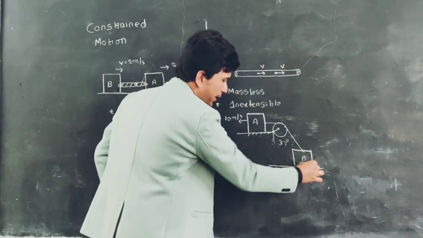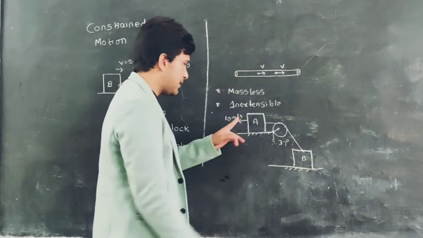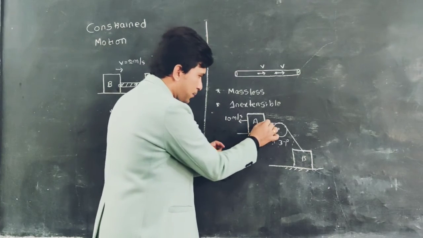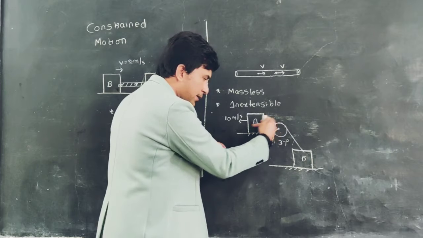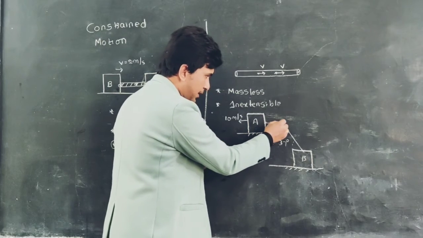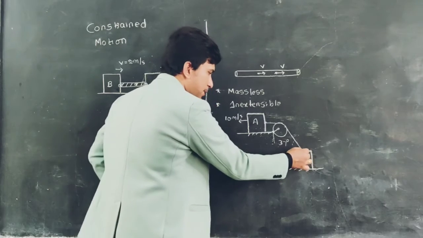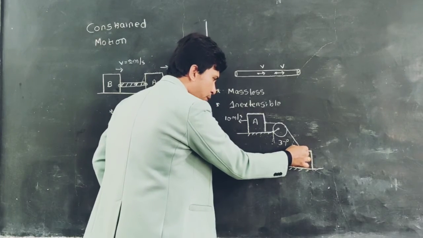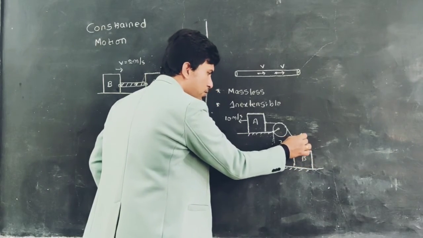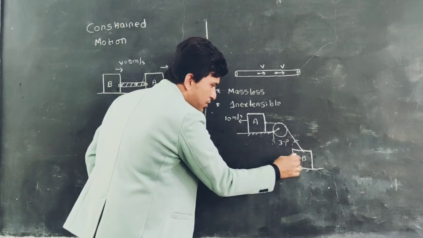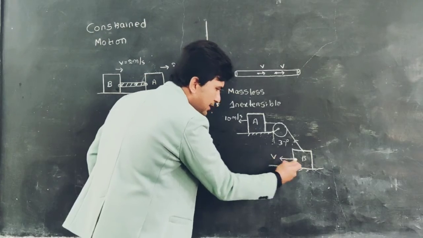Now, in order to find this, we will use this concept. When block A is moving left side with a velocity of 10 meter per second, the point attached here is also trying to move left side with 10. Every point on the string is trying to move with 10 meter per second. That means this point is trying to have a velocity of 10 meter per second this side. The actual velocity of block B is in this direction.